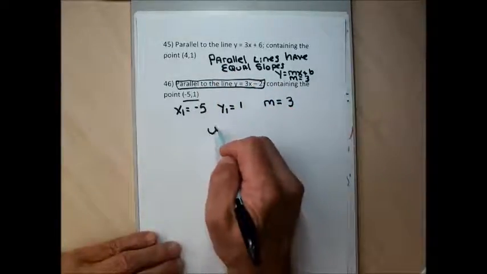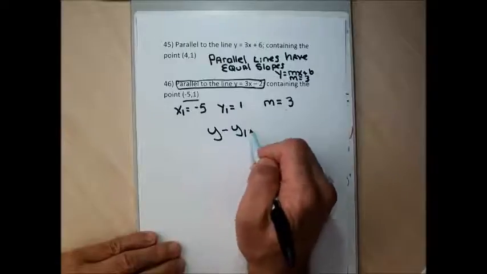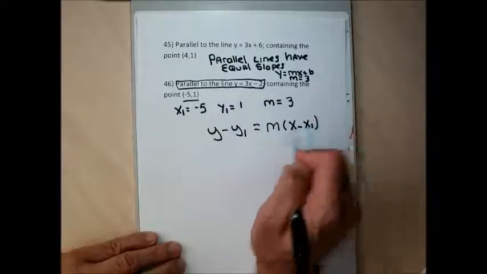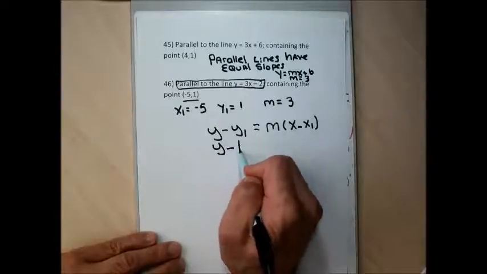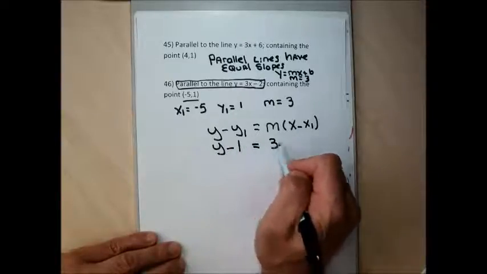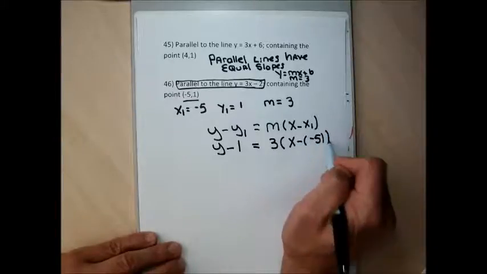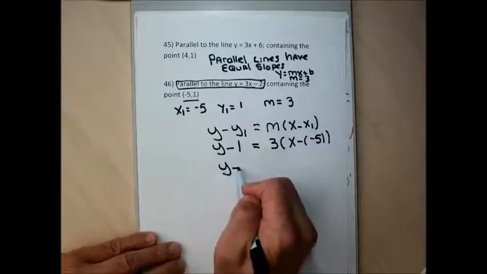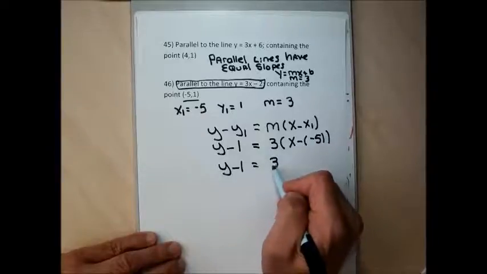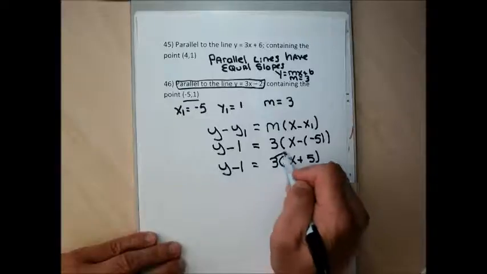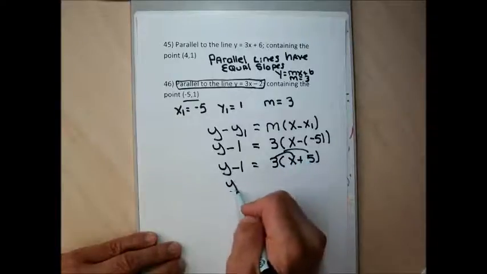Now I'm going to use the y minus y1 equals m times x minus x1 formula and go y minus 1 equals 3 times x minus a -5. Double negative is going to go positive, so it gives me y minus 1 equals 3 times x plus 5. Clear the parentheses by multiplying through by 3.